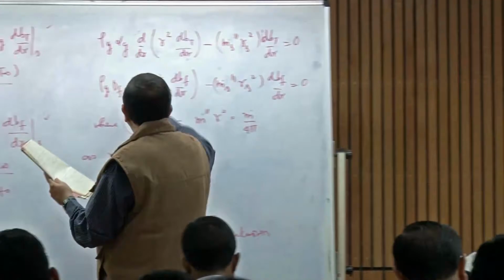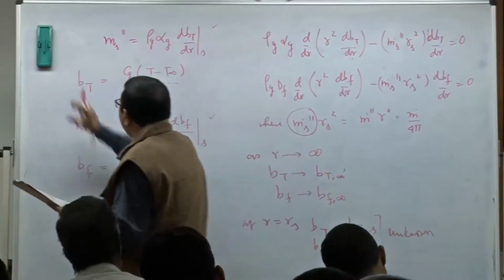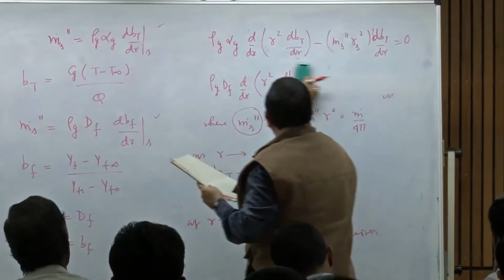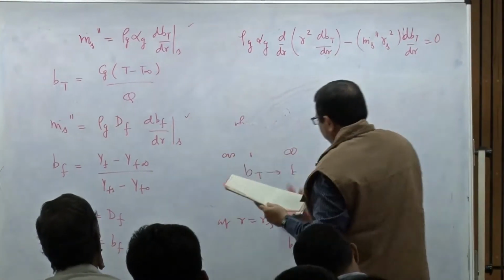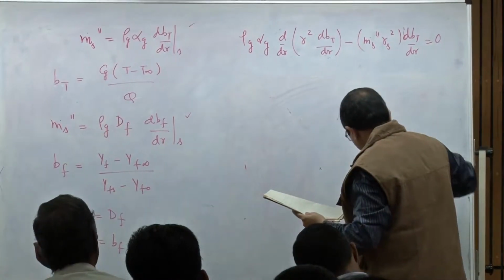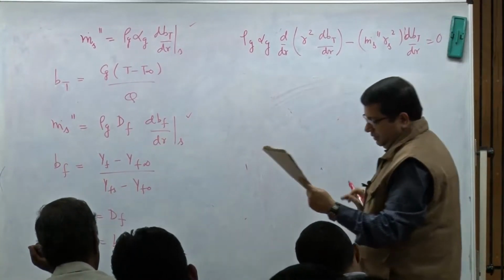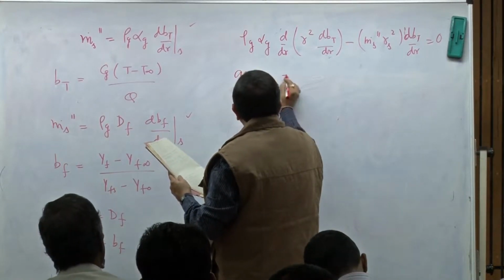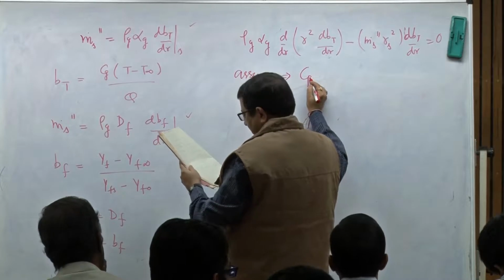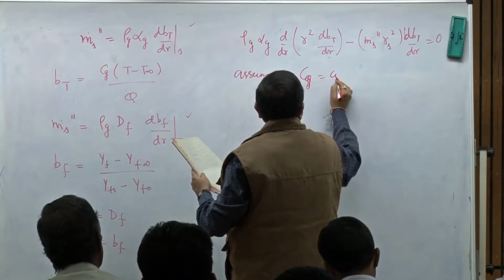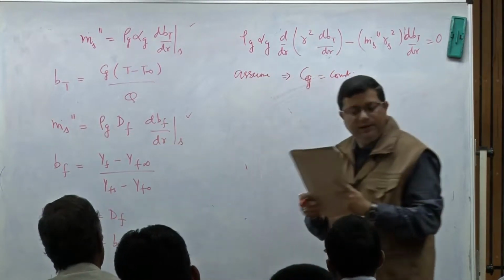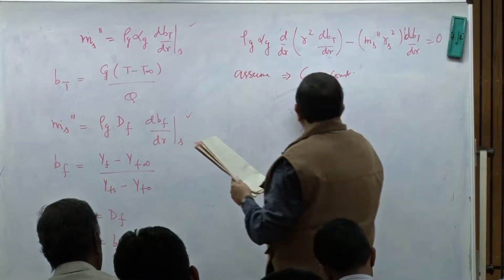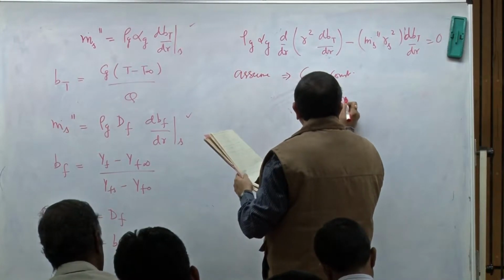So, let us go back to this expression now. Let us try to get the solution. This is the expression that we are trying to solve. Let us assume that C g, the specific heat or heat capacity of the gas, is constant, then K j is constant.